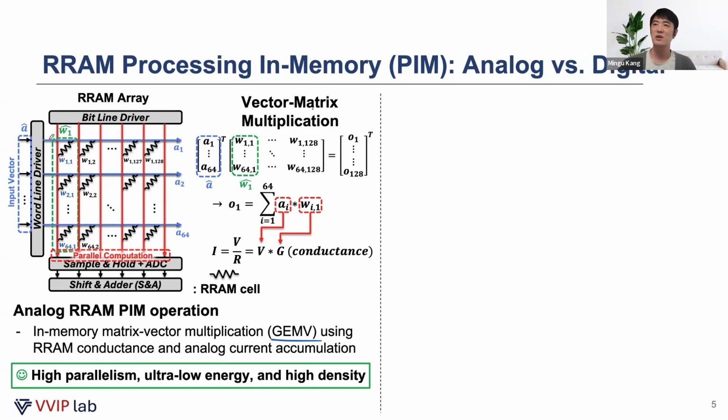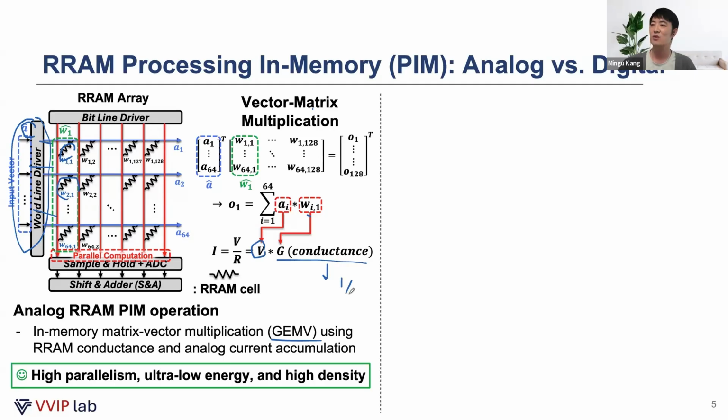As shown here in the analog PIM operation, the input is broadcast as a voltage level: first component, second element, third element as voltages. On the other hand, weights are stationed inside the memory array as conductance. What is conductance?